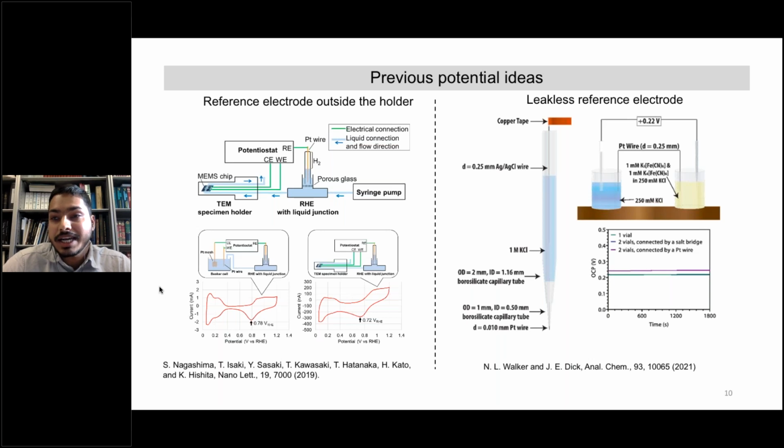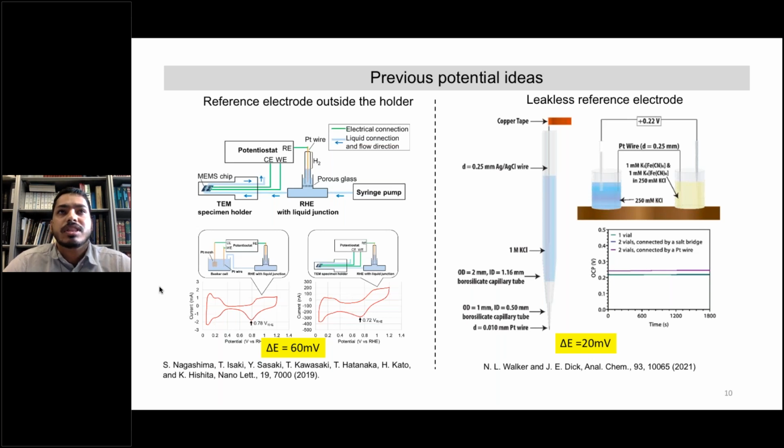This is a fantastic idea because if it works, then we can put that metal wire into the TEM holder. But it turns out in both cases we get a potential offset, meaning the potential you measure is considerably different from what you measure with your commercial reference electrodes. All right, so it is not helping.